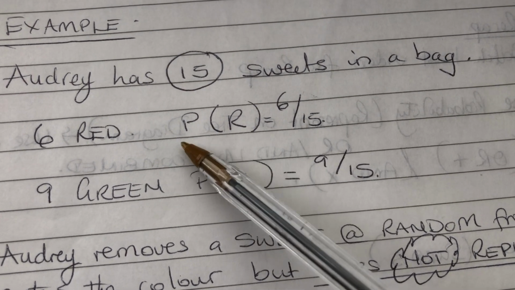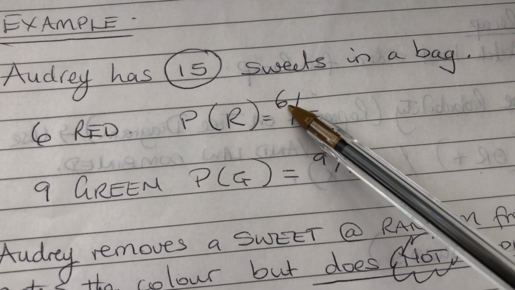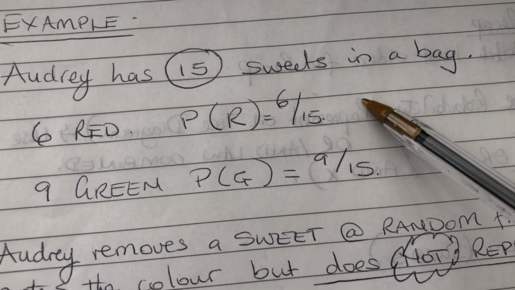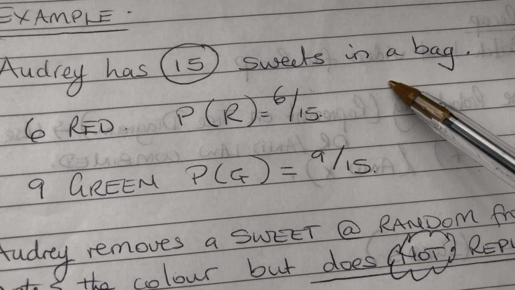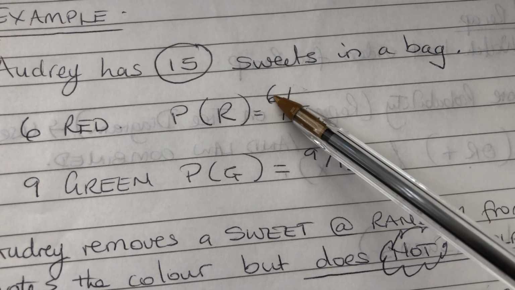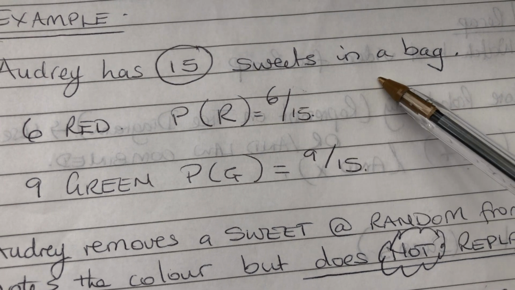If the probability of a red is 6 out of 15, the probability of not a red is 9 out of 15, because you need to take away from 1.